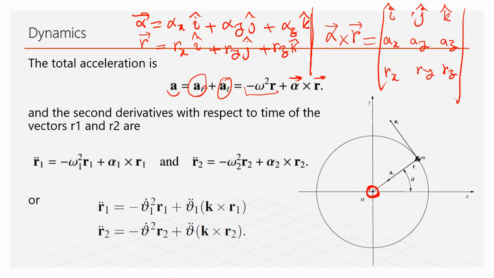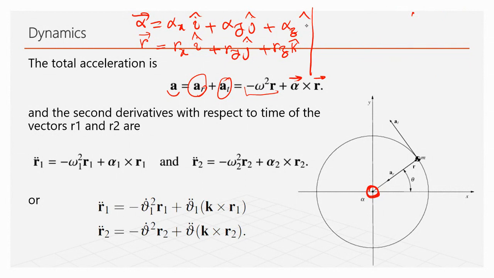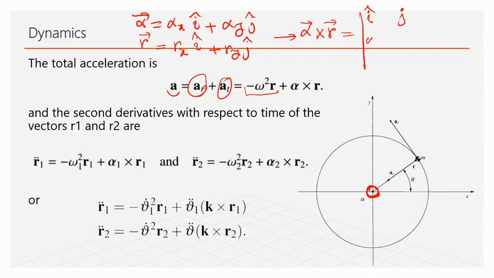For two-dimensional, it's easier. I'm sure you have it as a reference in the video. If it's two-dimensional, I don't have the z components. Therefore, alpha times r gives me the same thing if I follow the same i, j first component, which is alpha x, alpha y, and r x, r y. So for this one it will be much easier.